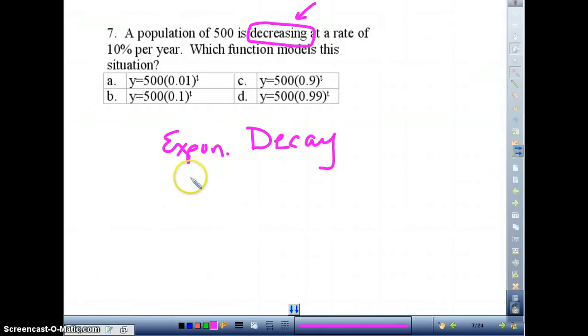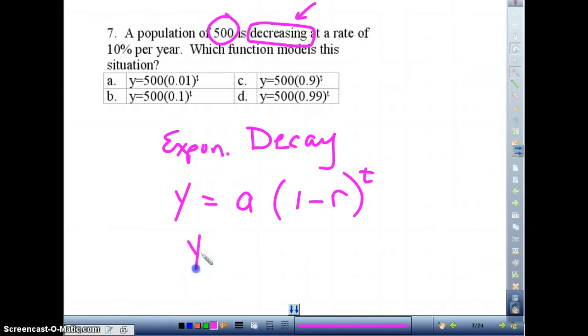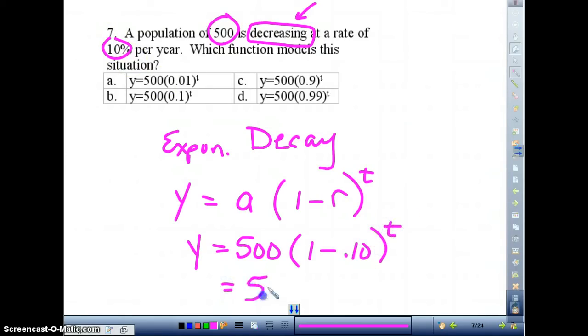And the base formula for exponential decay is y equals your initial value multiplied by the quantity 1 minus your rate raised to the t power. Our initial value, we started off at 500. Y equals 500. 1 subtract your rate of decay, that's 10% per year, but that's got to be in decimal form, so subtract 0.10 raised to the t, we get 500 what?